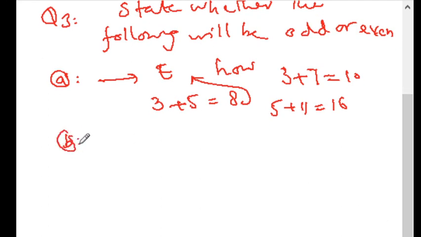Then part B. Part B is the sum of 2 even numbers. Look at this, 2 plus 4, they are both even.